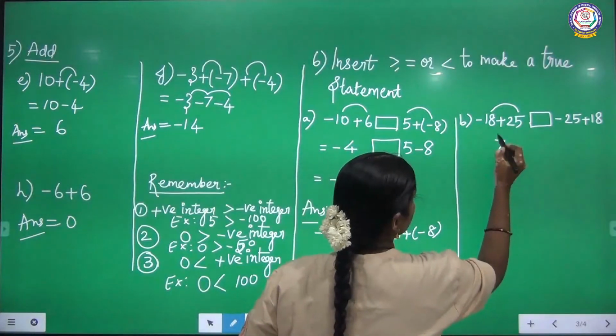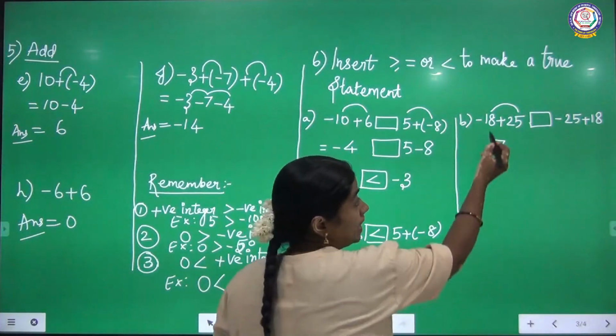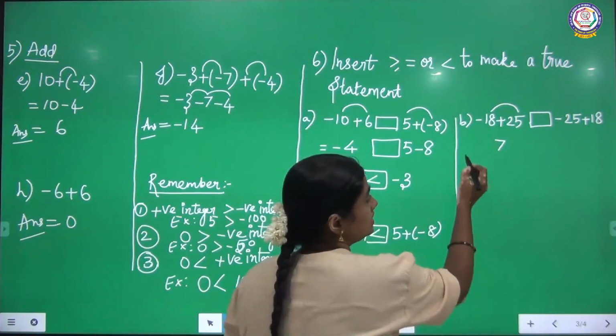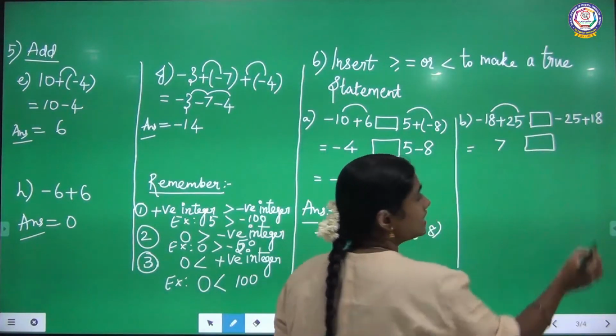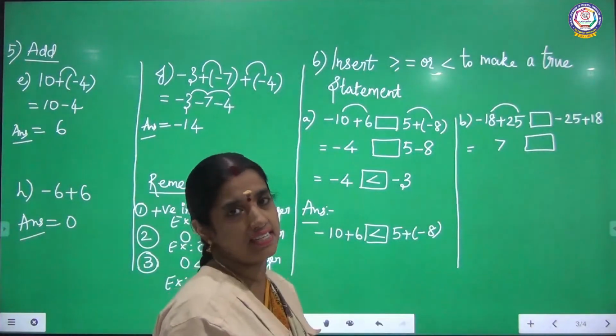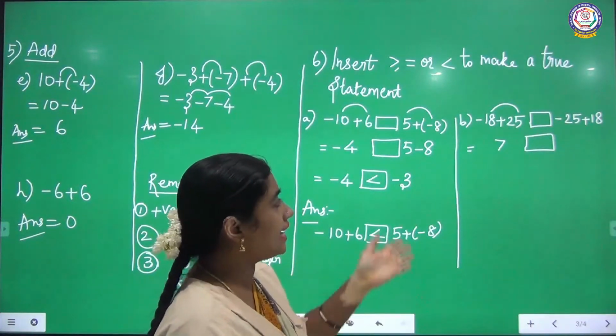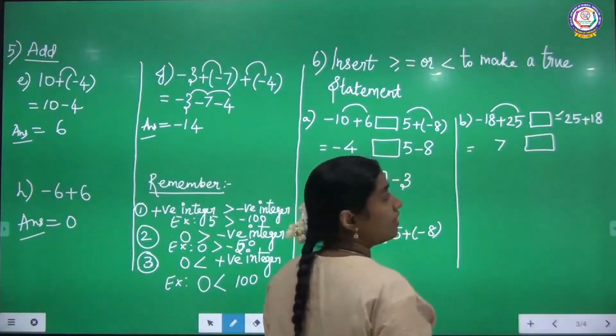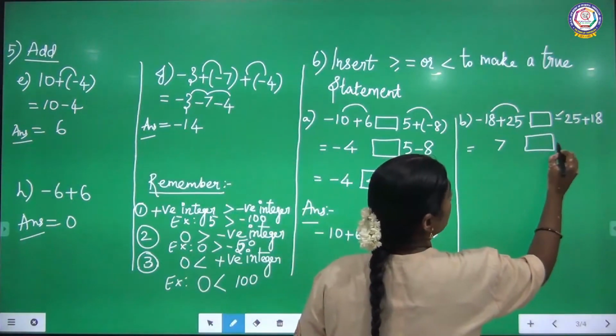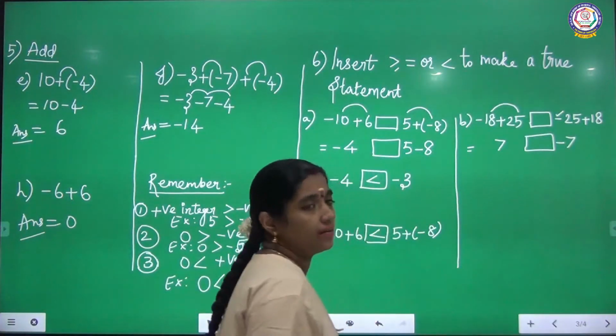So, my answer is what? 7, and it is plus because of 25. So, for that plus 7 there. And see here also, minus 25 plus 18. Same, when I subtract I can get the answer. But see here minus 25, so I have to put the symbol minus 7.